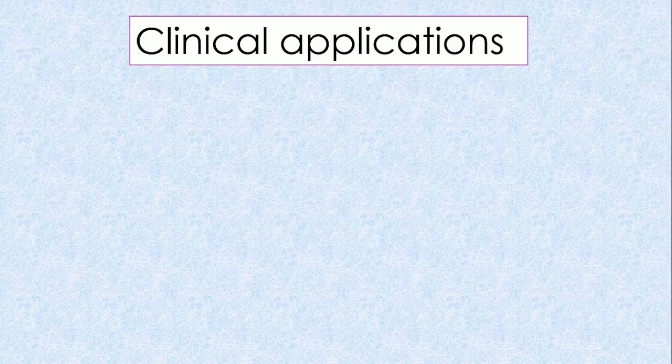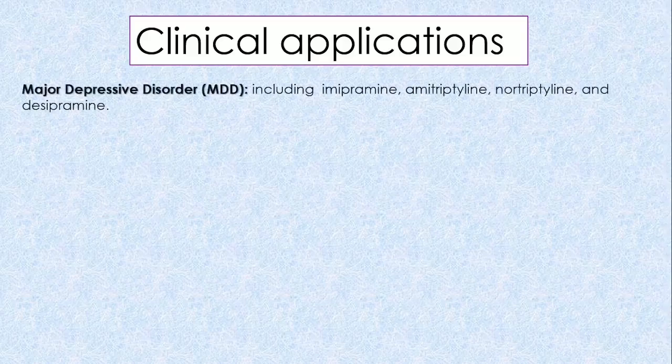So what are the clinical applications of these drugs, the tricyclic antidepressants? First, they are used in the treatment of major depressive disorders, which we discussed in the last presentation. In this case, they are used as a second choice, not the first choice. The first choice, which we are going to talk about in the next presentation, is selective serotonin reuptake inhibitors.